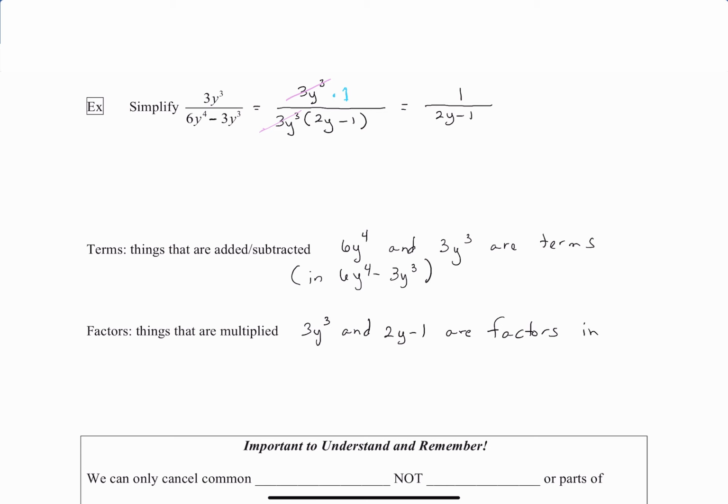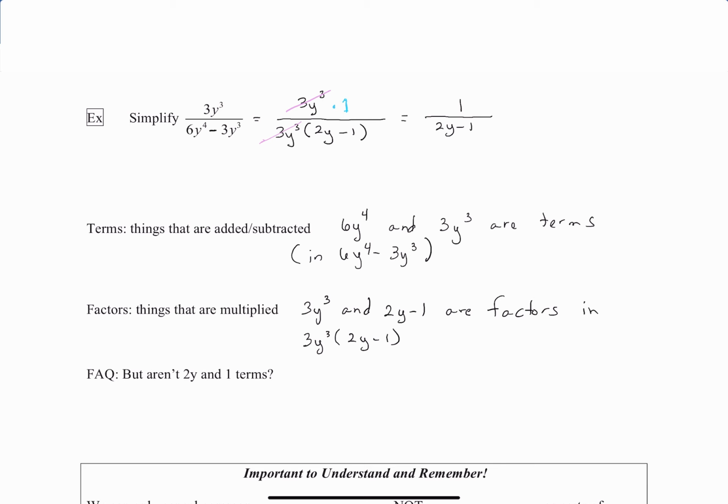That's 3y cubed in the factored denominator, which was 3y cubed times 2y minus 1. They're factors because they're not being added or subtracted with each other. So the thing in parentheses isn't being added or subtracted from the 3y cubed. It's multiplying the 3y cubed. So those two things are factors.